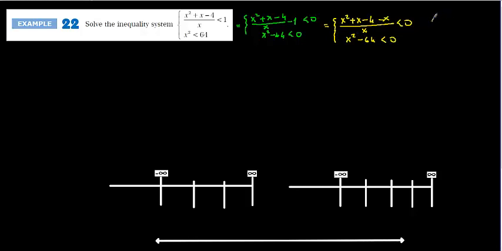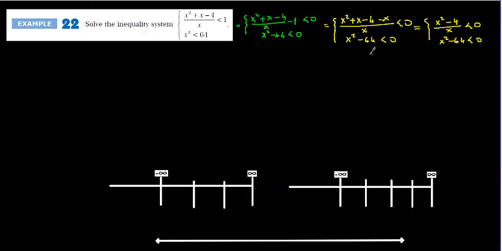If we write in standard forms, it's going to be x squared minus 4 over x less than 0, and the down part x squared minus 64 is less than 0. So I'm going to try to solve one by one all these three inequalities.